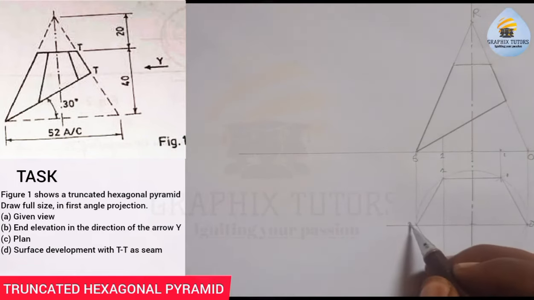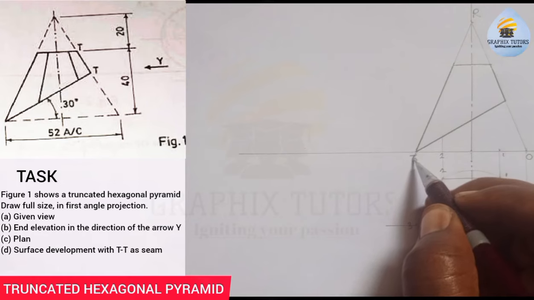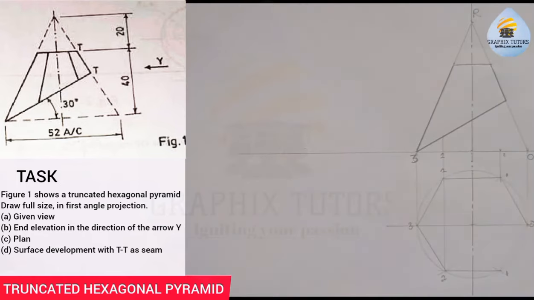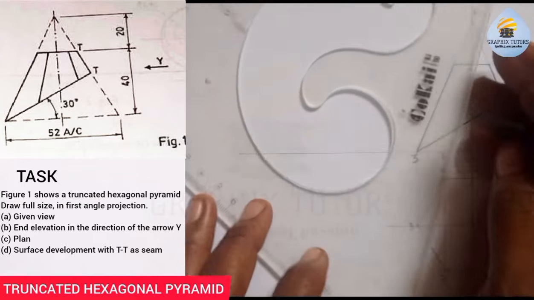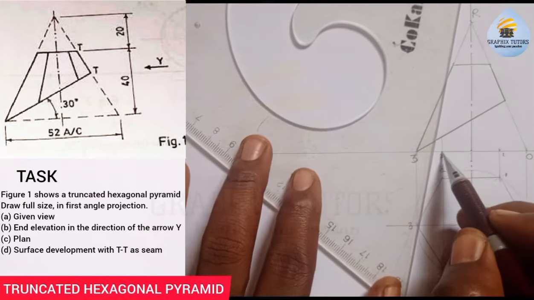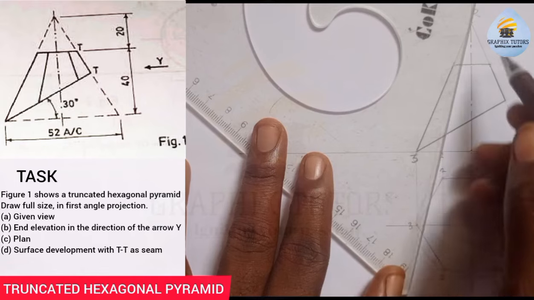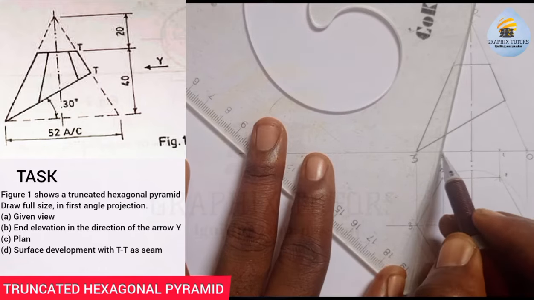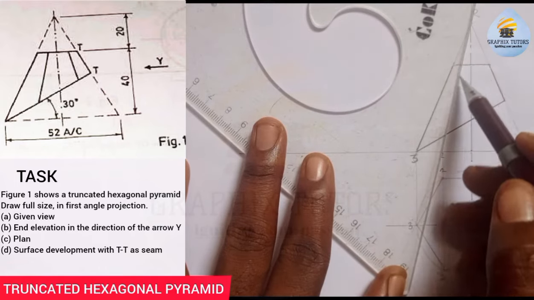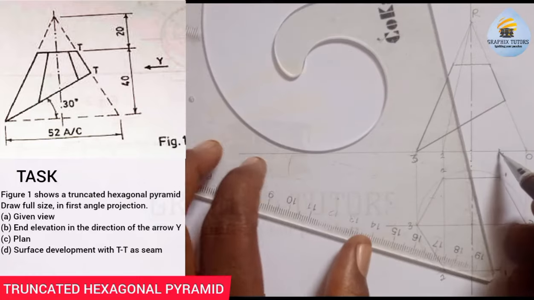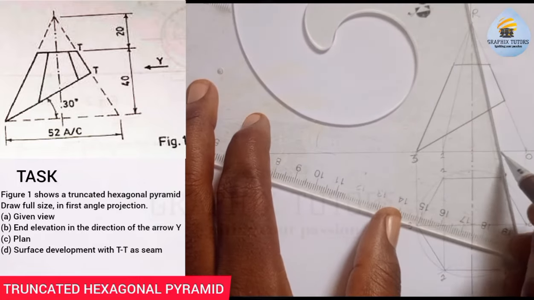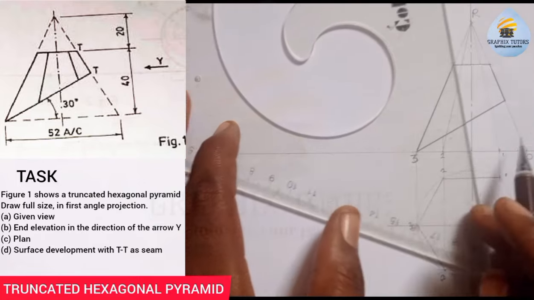Then this point is 3, meaning that this side here is 3, not 6, all together. So I'm going to project this point to touch the apex point here from the base of this here. I'll draw this, and from here to this point here.